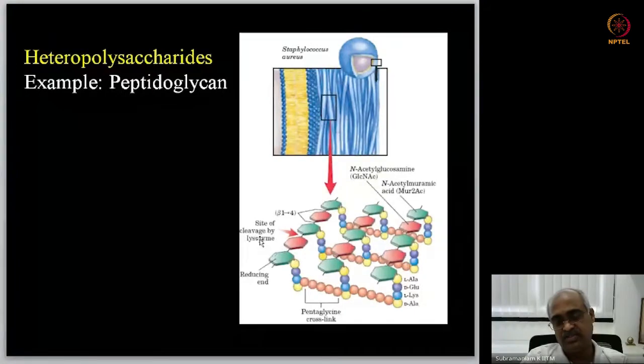This lysozyme cleaves the beta-1,4 glycosidic bond of the peptidoglycan. As a result, the bacterial cell wall gets broken and the bacteria dies. So this is how your eyes are protected from a bacterial infection.